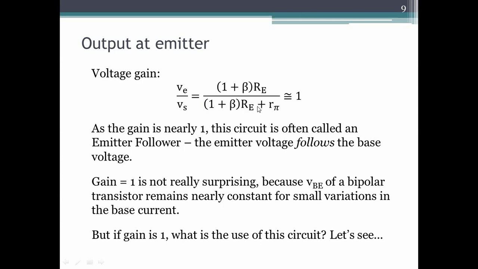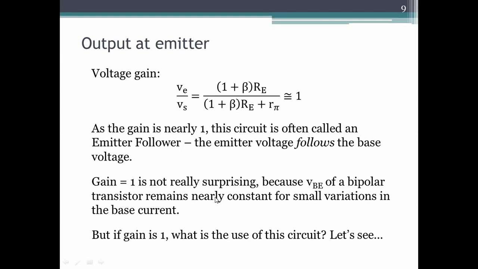Now if you think about it, the gain being 1 is not really surprising. Why? Because we are applying the input at the base and taking the output at the emitter. But we know that changes in the input voltage are small, and therefore the changes in the input or the base current are small, then the base emitter voltage of the transistor will remain more or less constant.